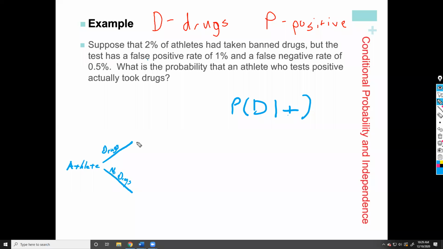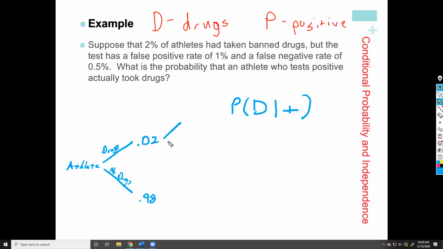And we're going to write out those probabilities. So the percent that took the banned drugs is 2%. So that's going to be 0.02. Which leaves the percent that don't take the drugs to be 0.98. Everyone else.